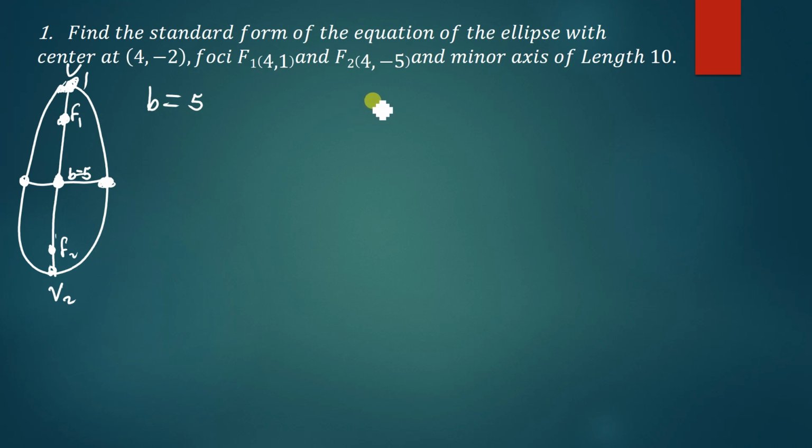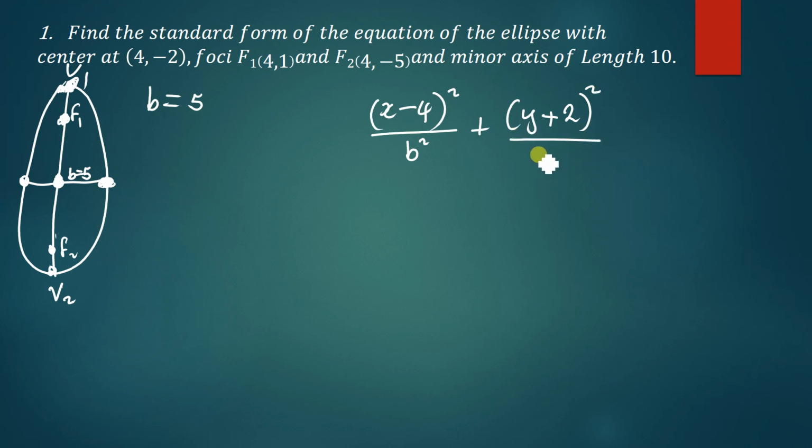So our equation is supposed to be (x minus 4) squared over b squared, plus (y plus 2) squared over a squared, equal to 1. Since there's a minus in the center's y-coordinate, we expect a plus there: equating y plus 2 to 0 gives -2.